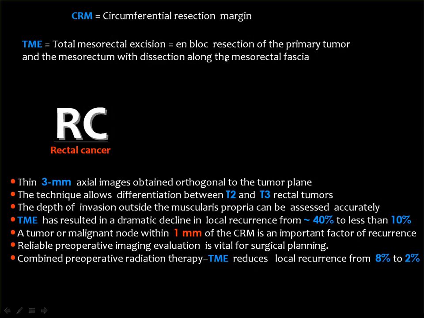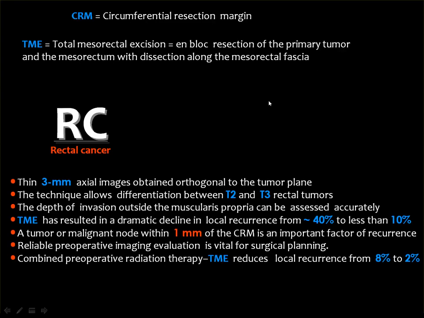Then another abbreviation you will meet in the literature is TME, and this means total mesorectal excision, which means en bloc resection of the primary tumor and the mesorectum, with the section along the mesorectal fascia.